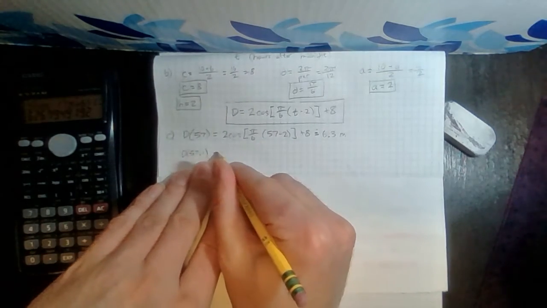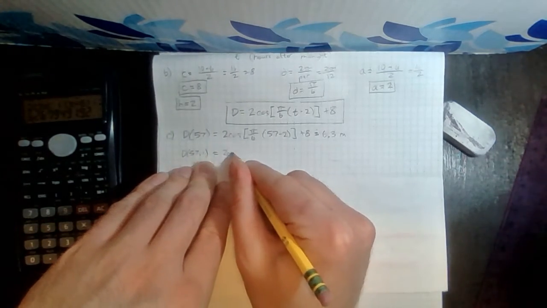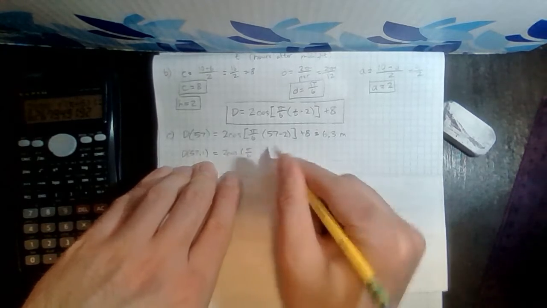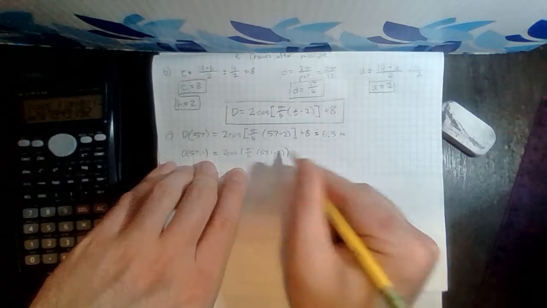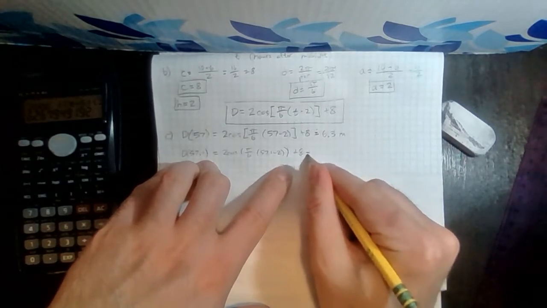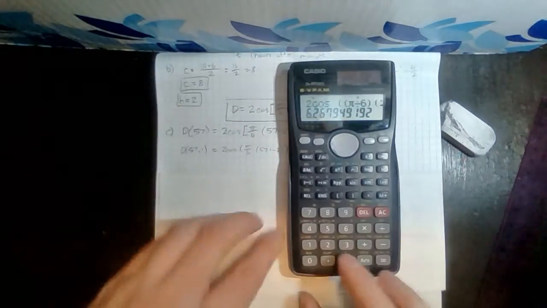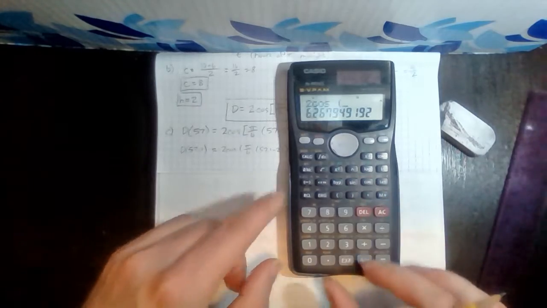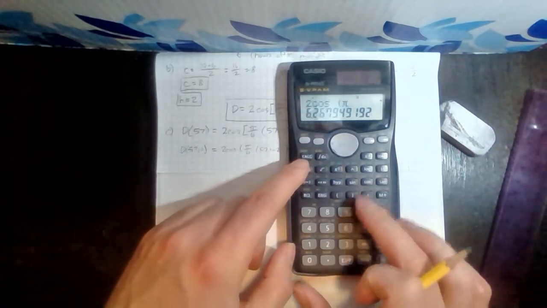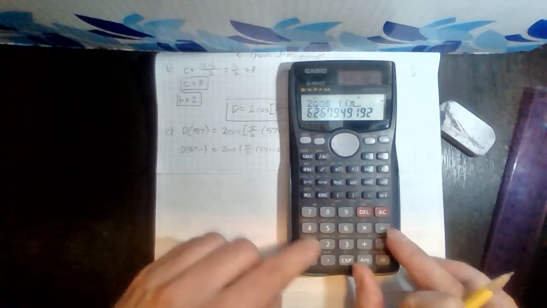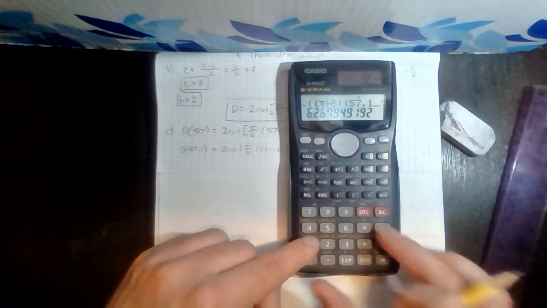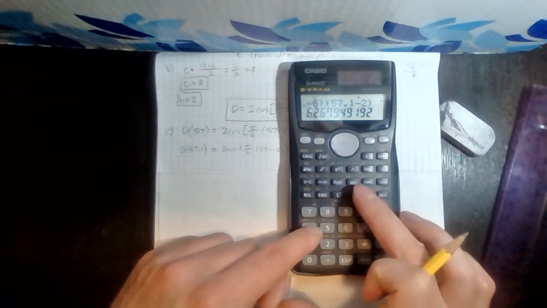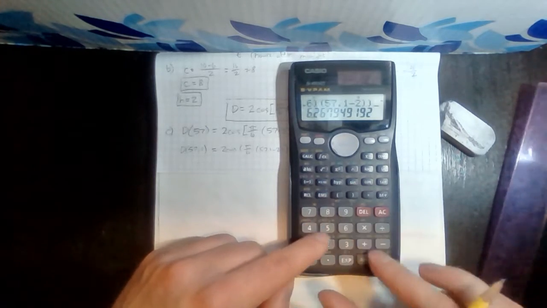So 57.1, if we plug that in, what does that give us? 2 cos of pi divided by 6 times 57.1 minus 2, plus 8.